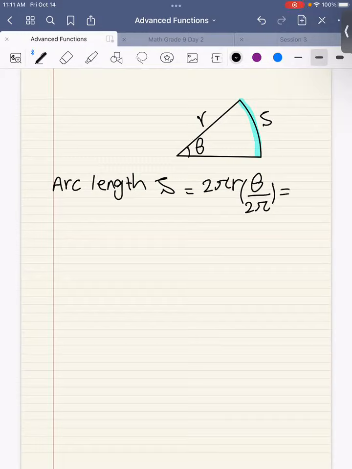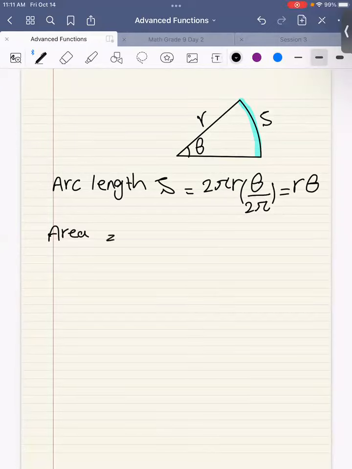So that means it's equal to what? 2 pi cancels out, r times theta. So the arc length is r theta. How about now the area?